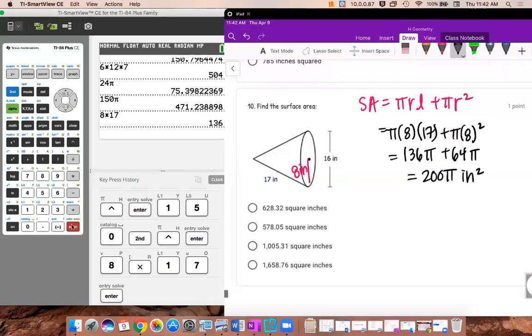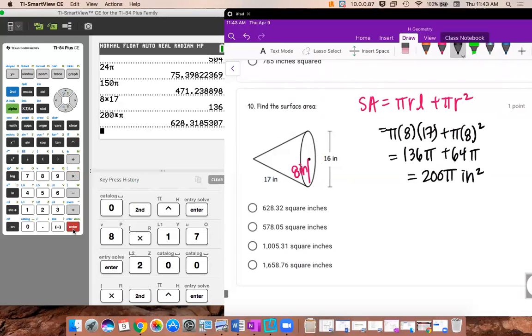And then again, we're rounding, so let's just plug it in. 200 times pi, and we get, let's see, the 3 is less than 5, so this does not round up. Oh, it wanted us to round to 2 decimals, it looks like. So the 8 would round up to a 2. So 628.32 inches squared is going to be your total surface area for this one. So that guy right there.